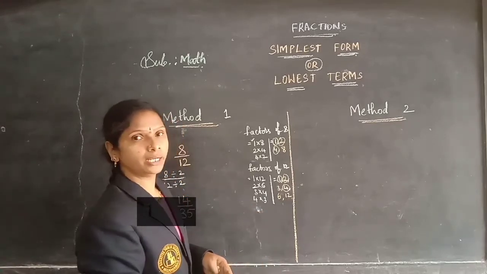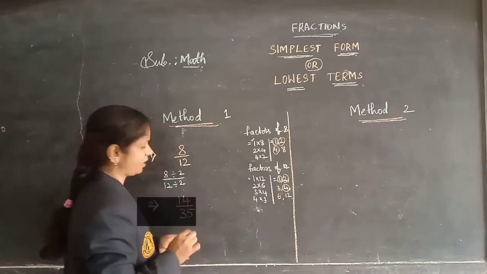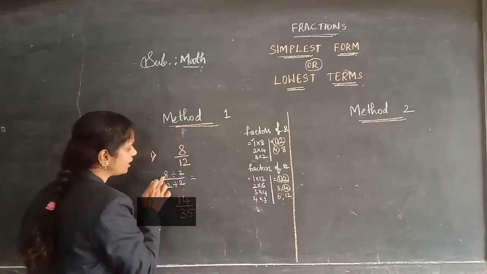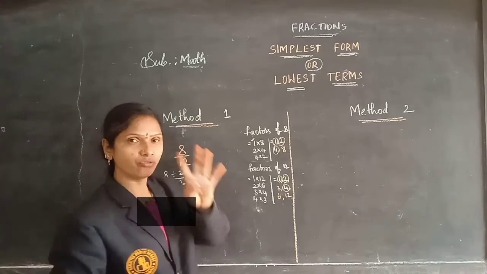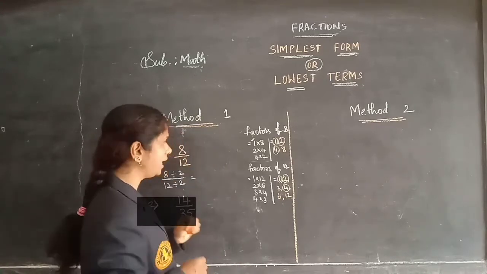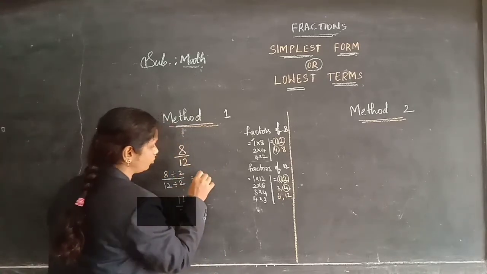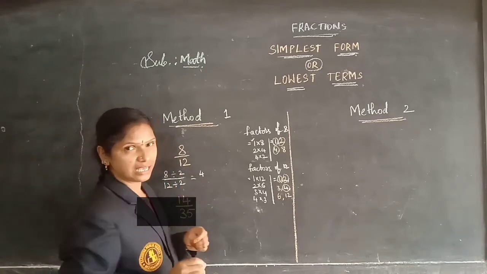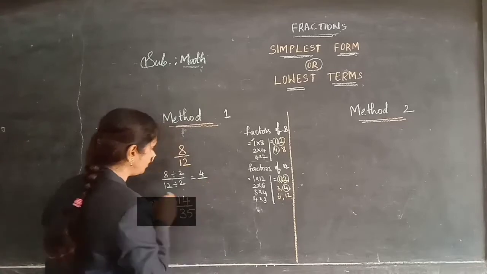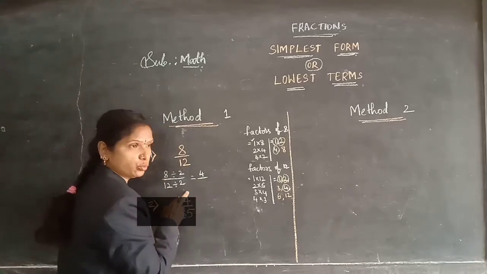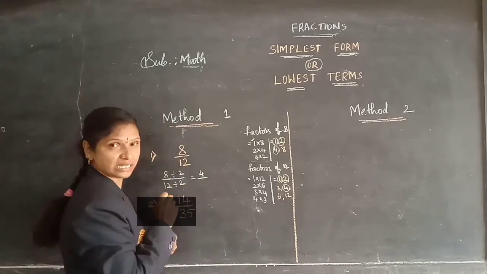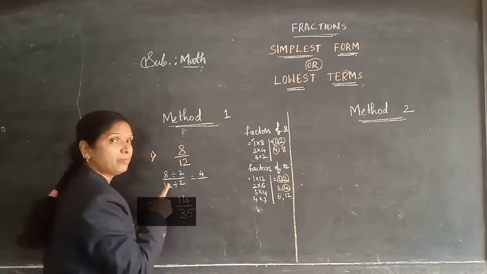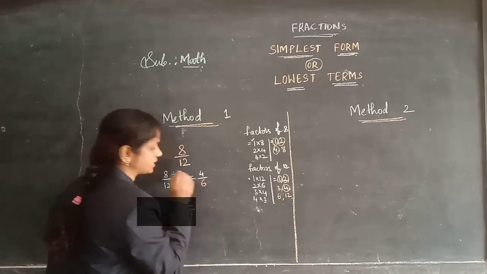In this video I told you that you need to divide by the same number. When you take 8 in the 2 table, you will get it 4 times: 2 4s are 8. So you need to write 4. When you divide 8 by 2, you get 4 as the answer. And coming to the denominator, 12 by 2: in the 2 table you get 6 times. So when you divide 12 by 2, you get 6.